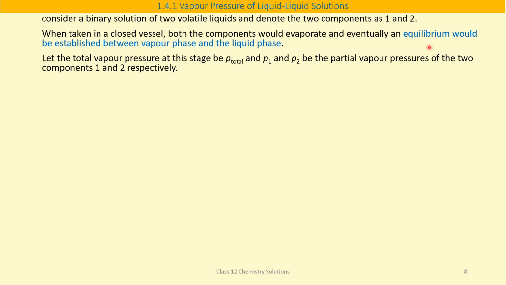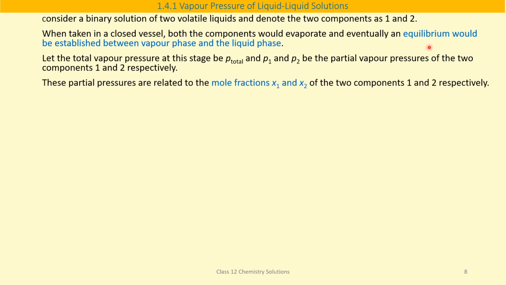Let the total vapor pressure at this stage be P total, and P1 and P2 be the partial vapor pressures of the two components 1 and 2 respectively. These partial pressures are related to mole fractions x1 and x2 of the two components.